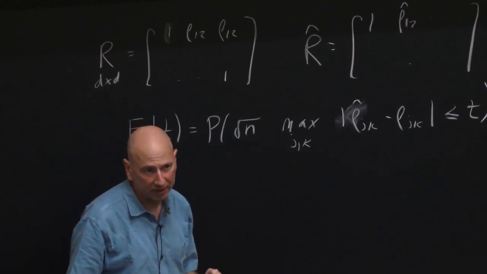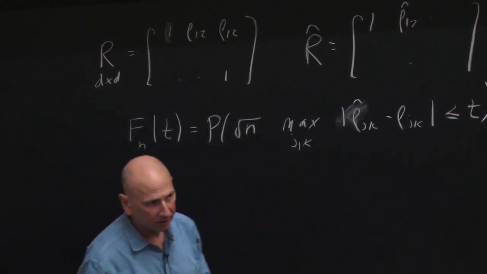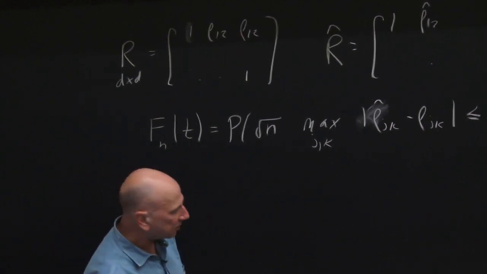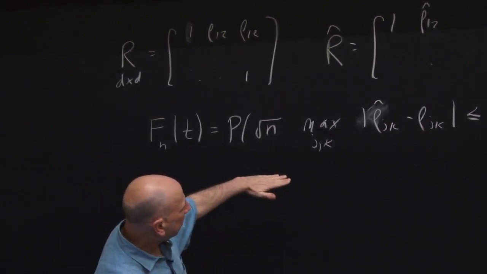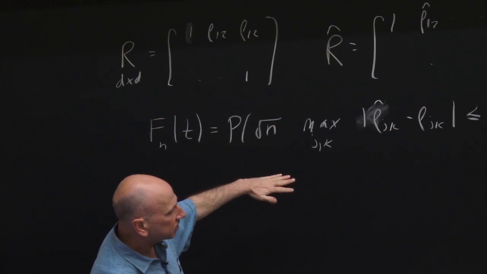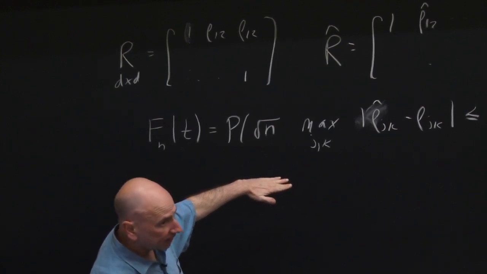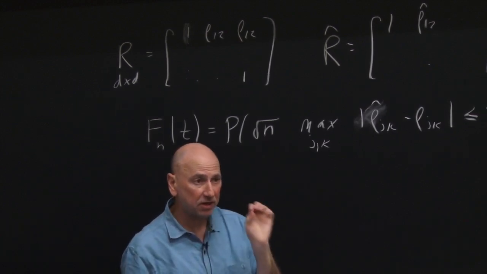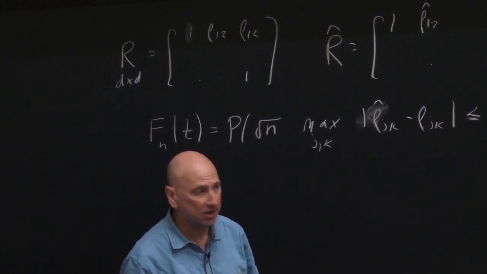And it's really important that I'm taking the maximum, and I'll explain why in a minute. It's important for theoretical reasons and for practical reasons. The practical reason is this is going to allow me to construct a confidence rectangle, hyperrectangle, or hypercube around all of the rows, which also gives me a confidence interval for each individual one simultaneously.